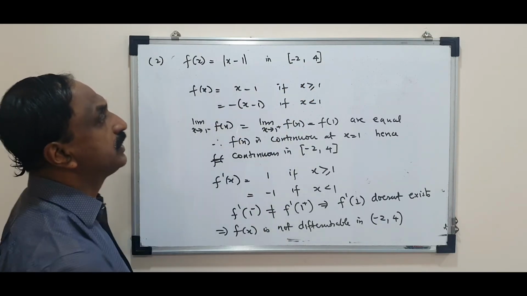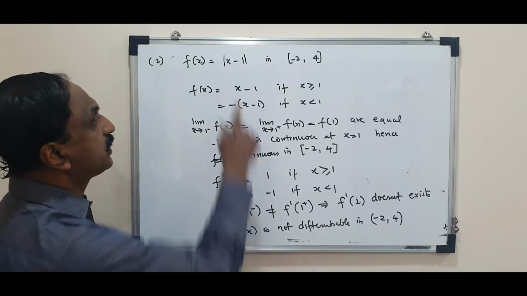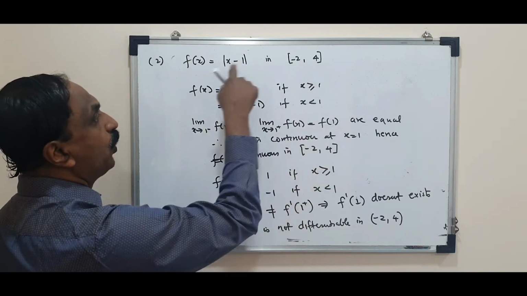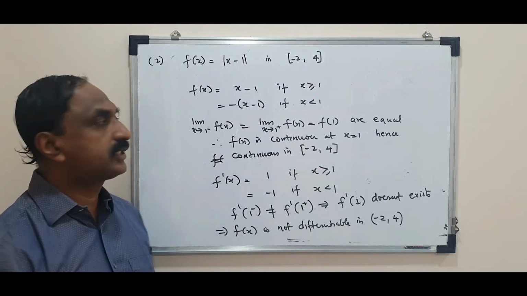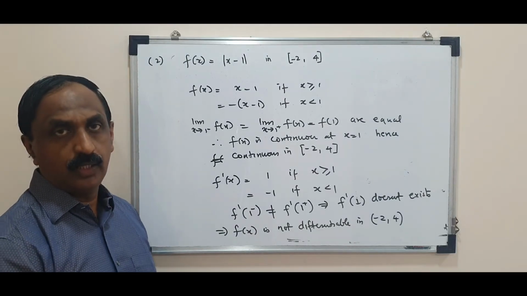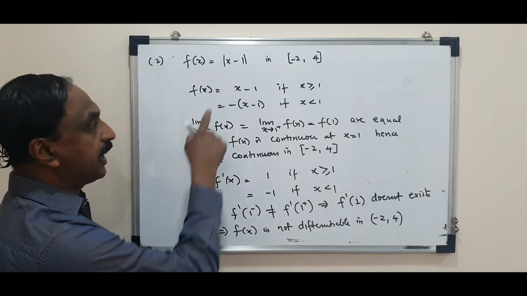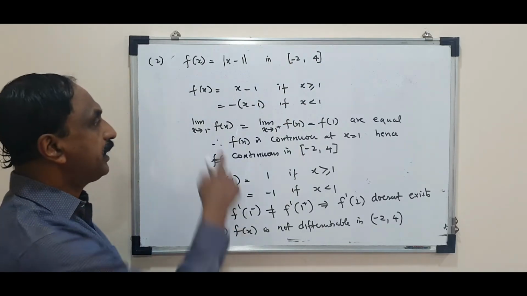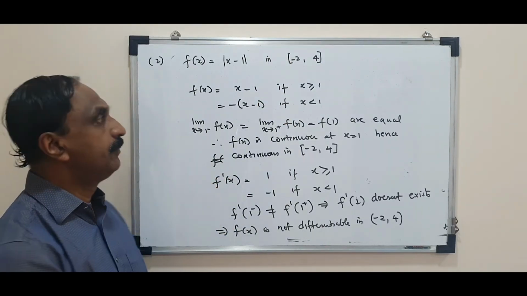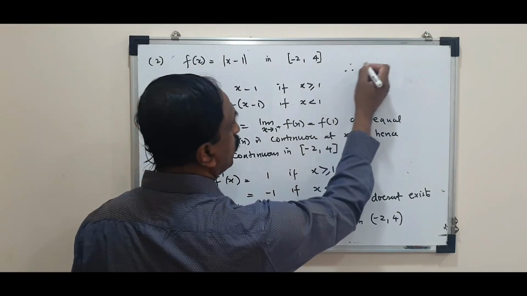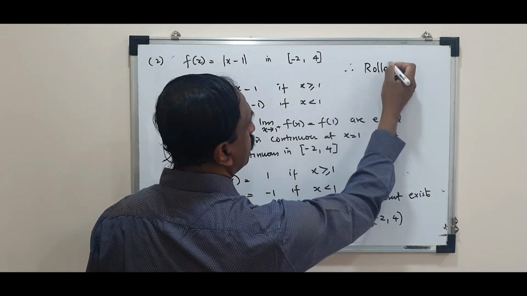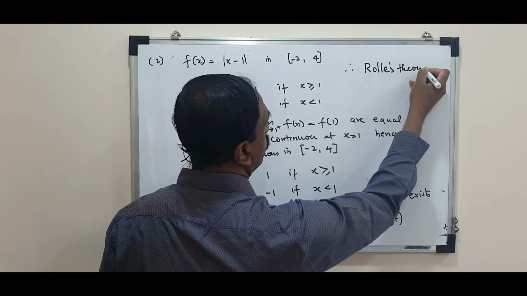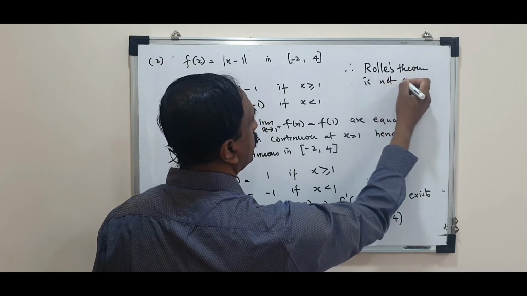F of minus 2 is 3 and f of 4 is also 3, still the derivative condition fails. The other two conditions are satisfied: continuous, and f of minus 2 and f of 4 are equal, but it is not differentiable in the interval. Therefore, Rolle's theorem is not applicable.